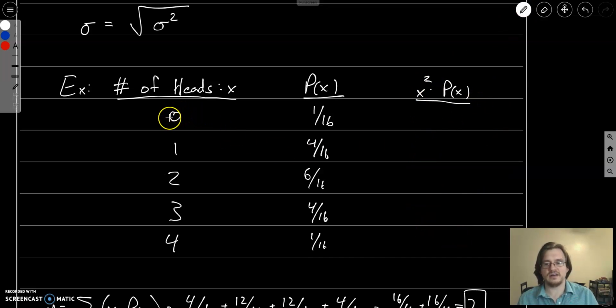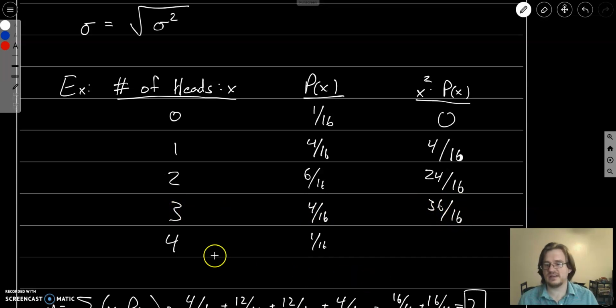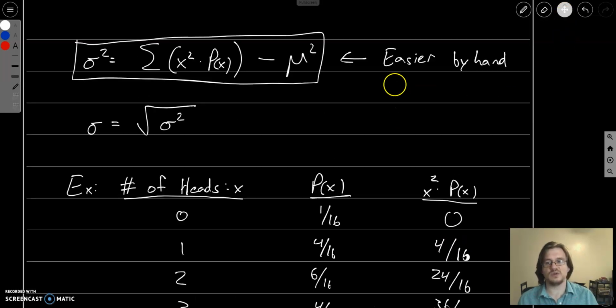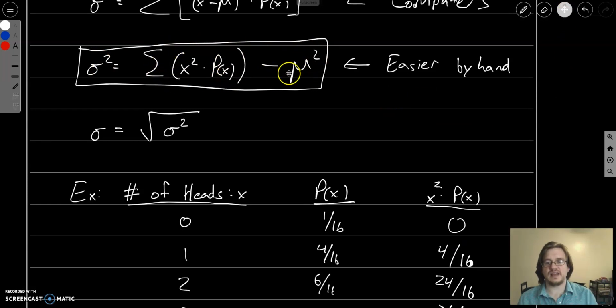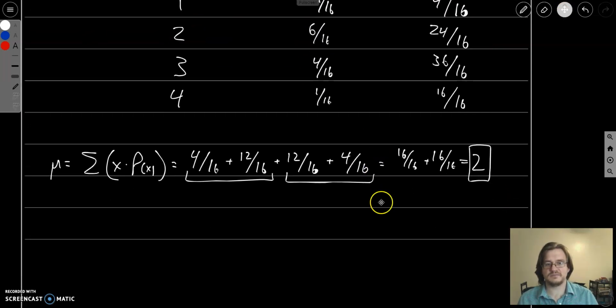So for this first one, 0 times 0 is 0, times anything is still 0. 1 times 1 is 1 times 4/16. 2 times 2 is 4, 4 times 6 is 24/16. 3 times 3 is 9. 9 times 4 is 36. And 4 times 4 is 16. Times 1 is 16/16. So for this formula, we add these together and subtract the mean squared.